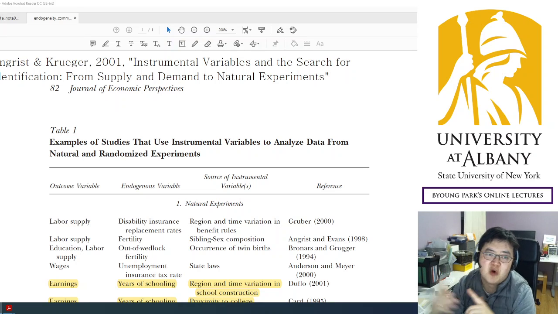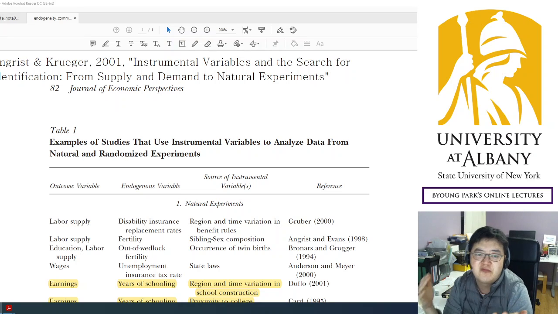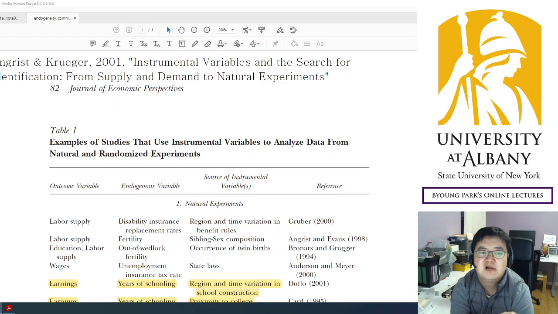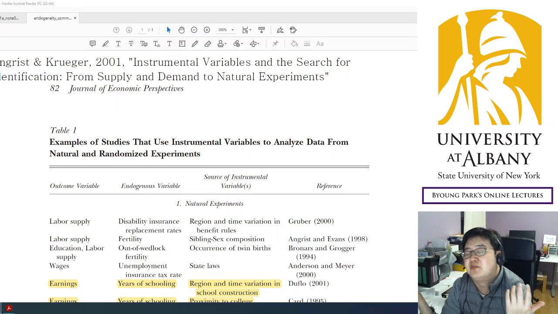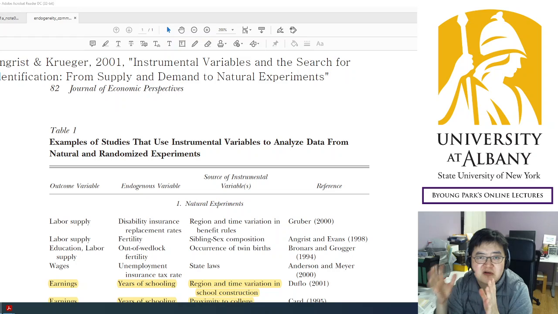If you stay in school for another year, how much will your wage increase? But it is not easy to answer, because from the data, highly educated people are not just average people. Usually high education implies a higher average of the unobserved characteristics.